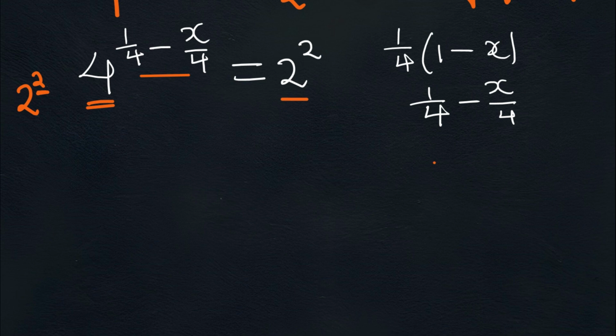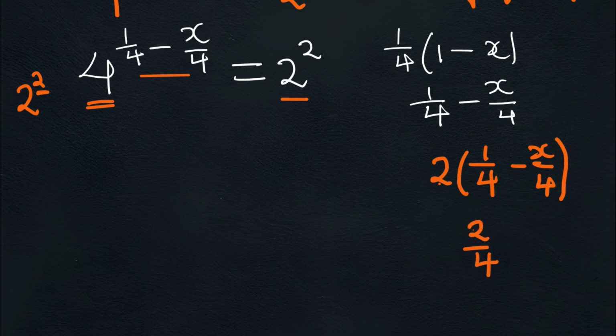So if we are going to say 2 multiplied by a quarter, or 1 over 4, minus x over 4, so we are going to have 2 multiplied by, so this is going to be 2 over 4, and then minus 2 times x, which is going to give us 2x all divided by 4.